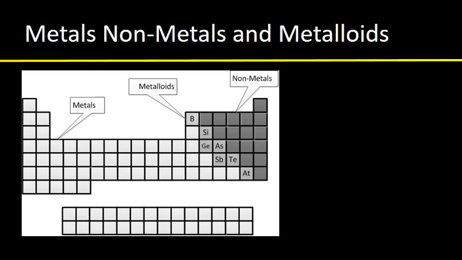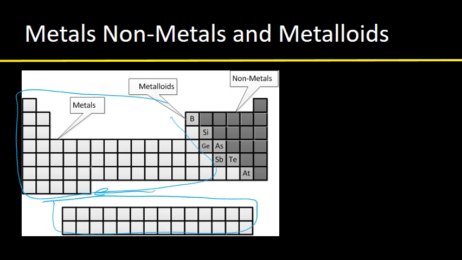All right, now one of the biggest and broadest dichotomies in the periodic table, a way we can classify things, is by describing things as metals or nonmetals. And everything over here on the left side of the table, including the lanthanides and actinides, these are all metals, right? And that means they're going to be fairly hard, shiny, probably have fairly good electrical conductivity and thermal conductivity.